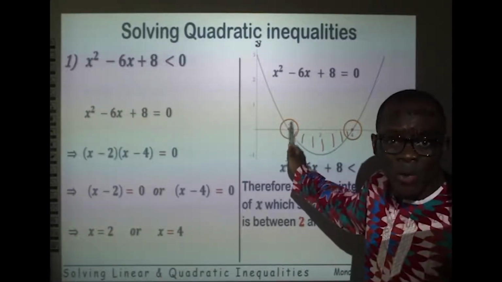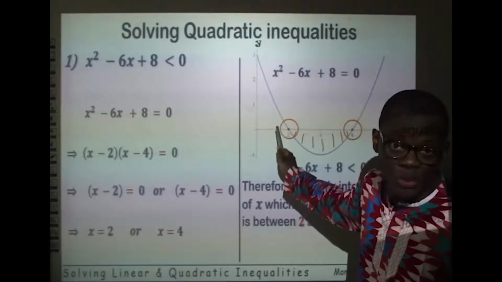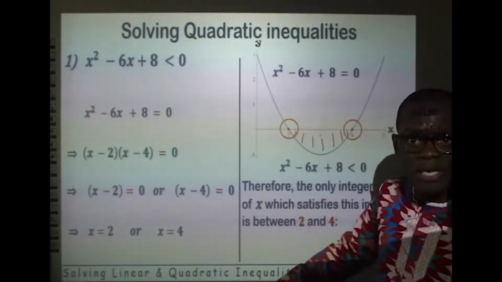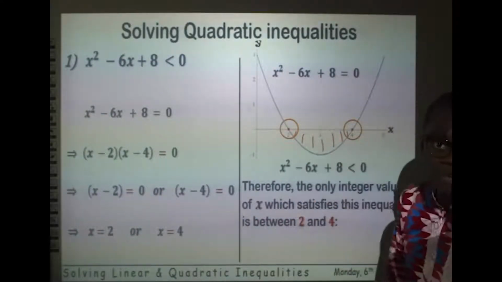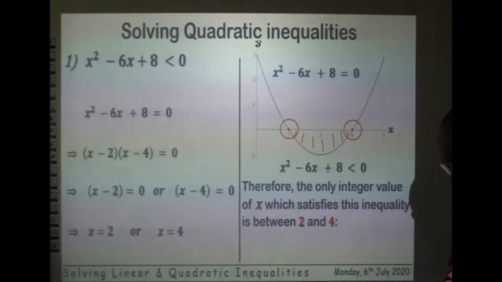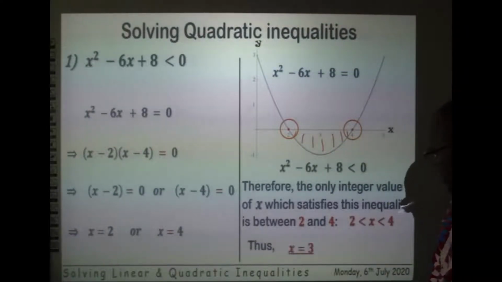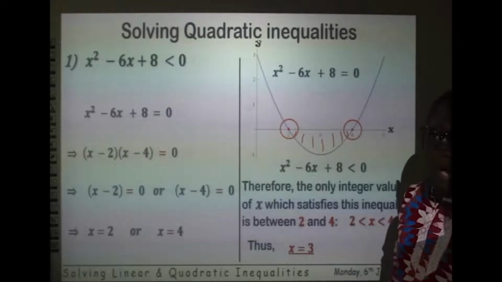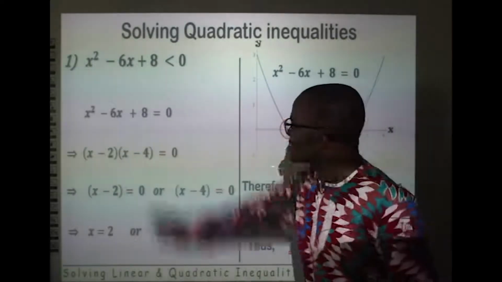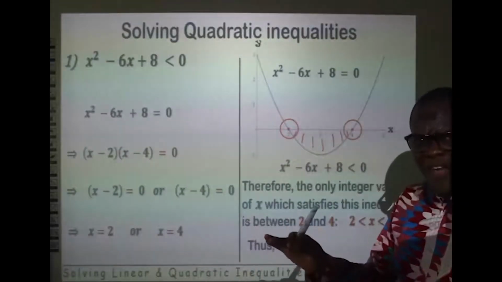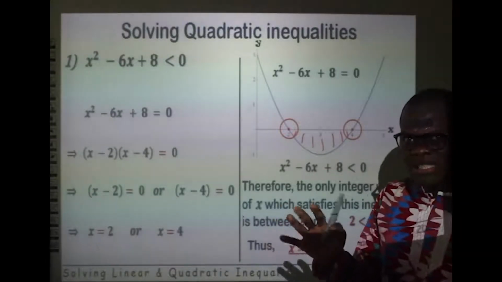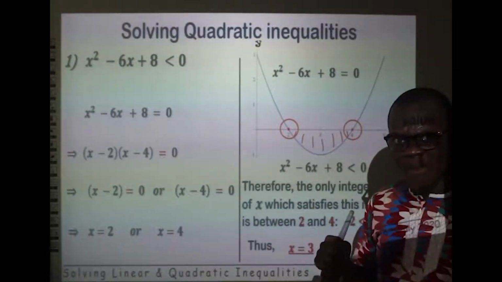And the only integer that you've got between 2 and 4 is just 3. Okay? So x is 3, and that's your answer to that inequality. I hope you got that. If you didn't, don't worry. Let's see the next example.